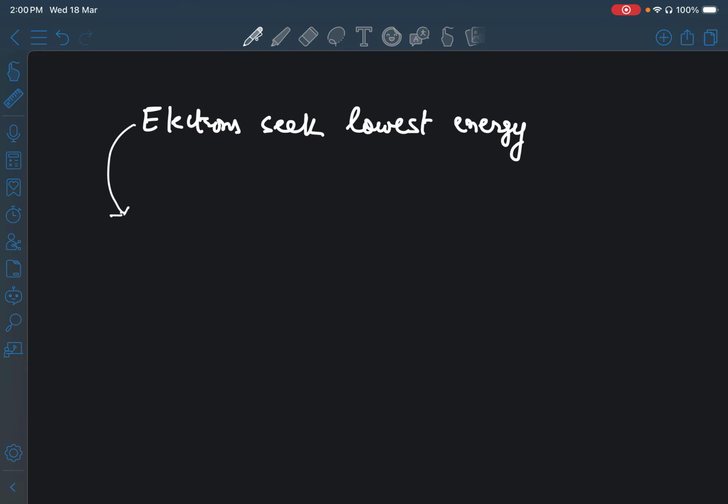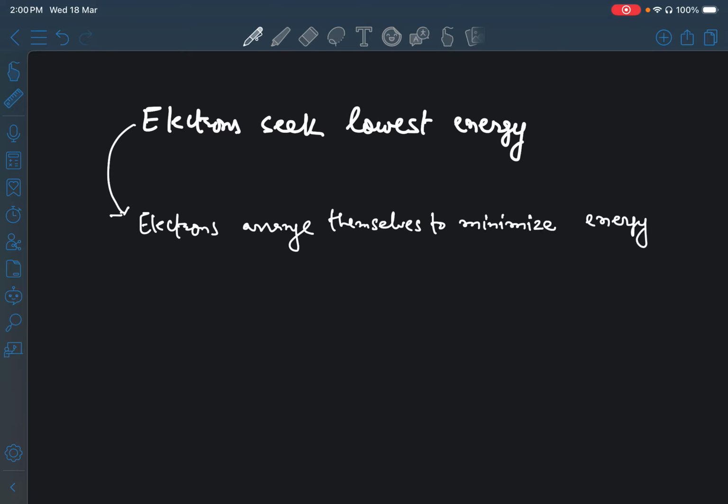The key statement here is: electrons arrange themselves to minimize energy, nothing else.